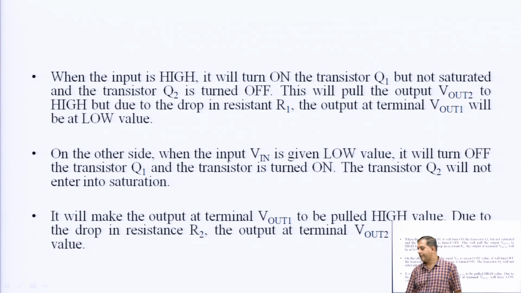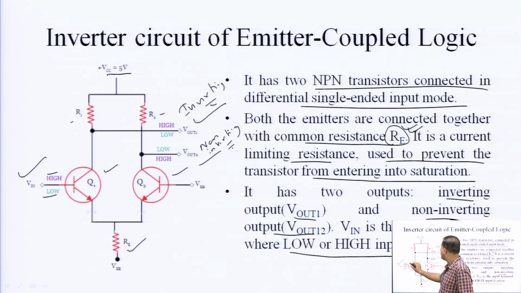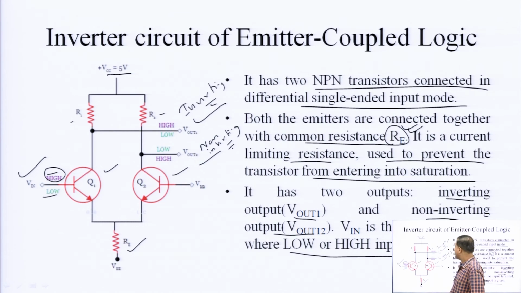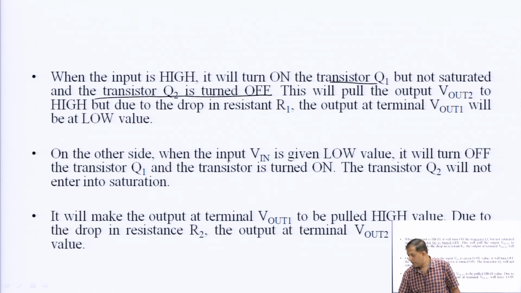So, let us discuss when the input is high. Input high means Q1 will be on, but not saturated, and the transistor Q2 is turned off. If Q1 is on, Q2 will be off.